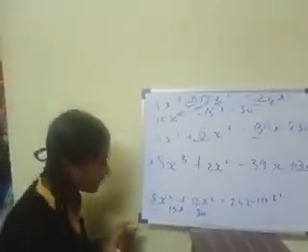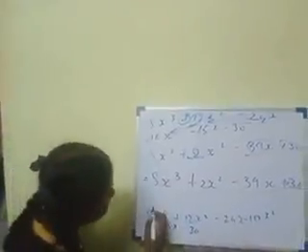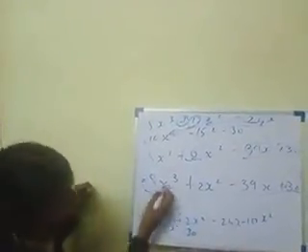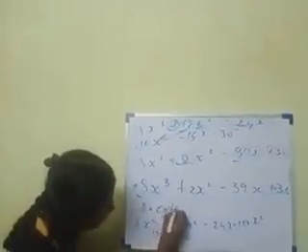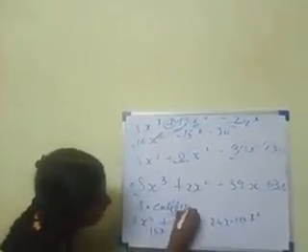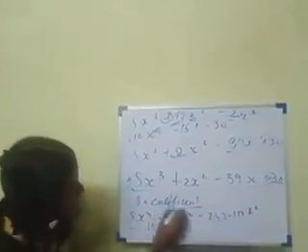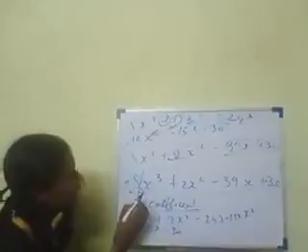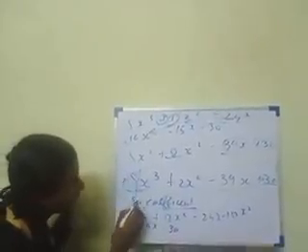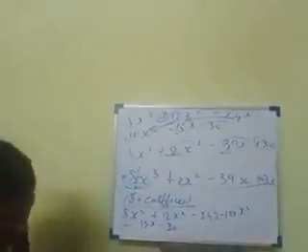Then the coefficients: in 8x³, the 8 is the coefficient here, because the number in front of the variable is called the coefficient.